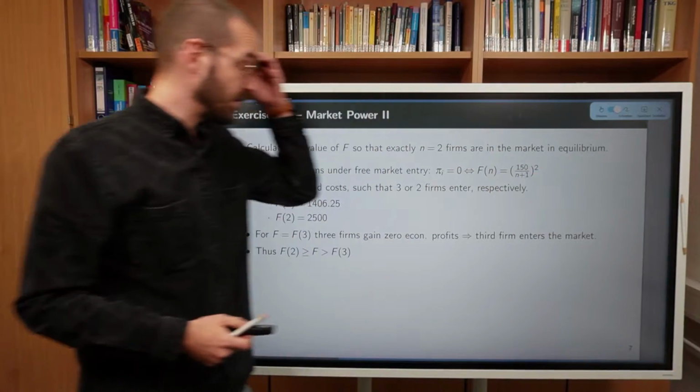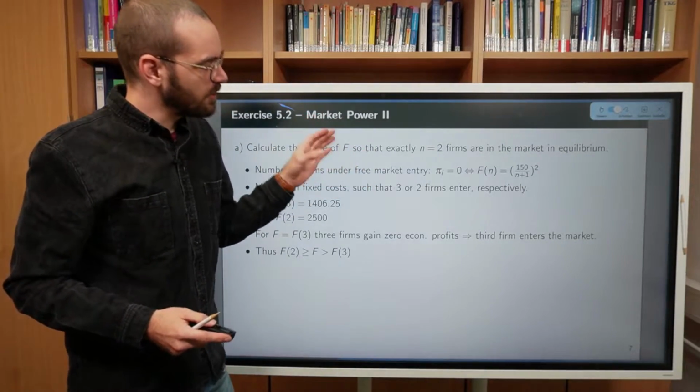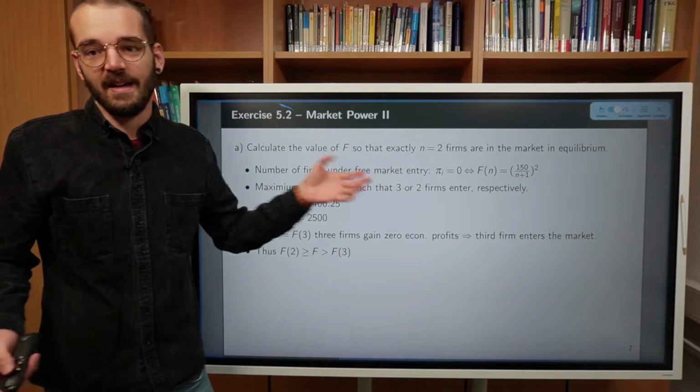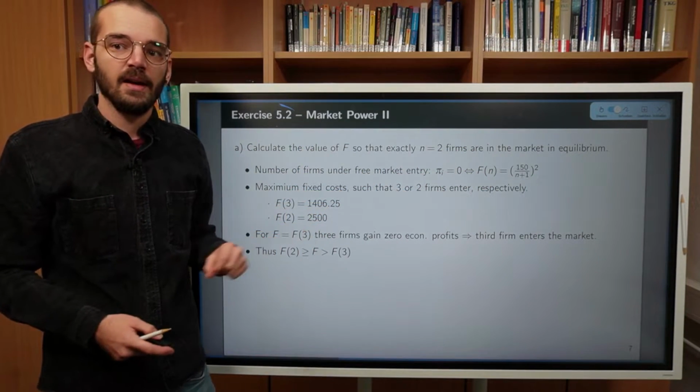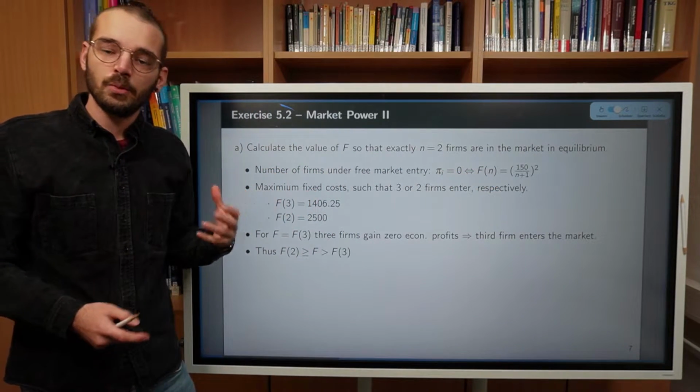Now we have a function that expresses what value the fixed costs need to take, or can take at most, as we will see in the following, in order for this number of firms n to be the market equilibrium.